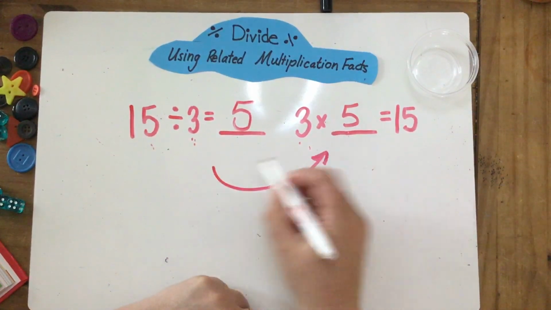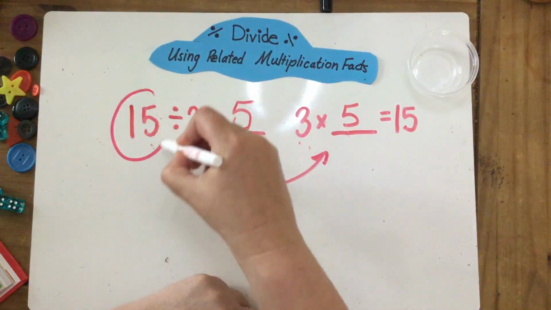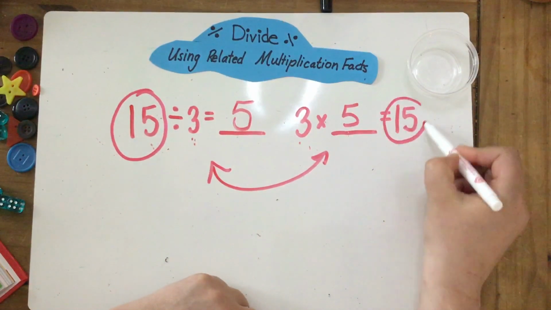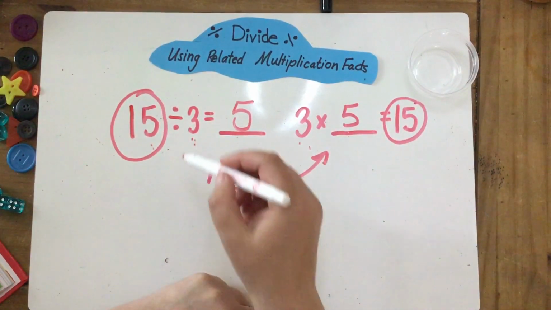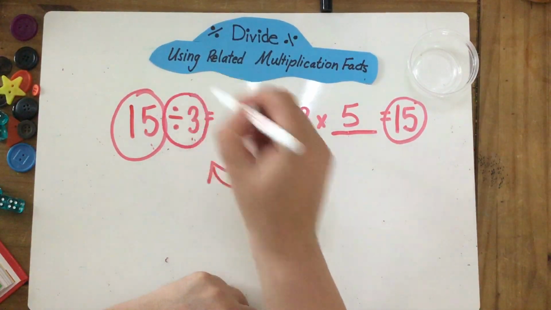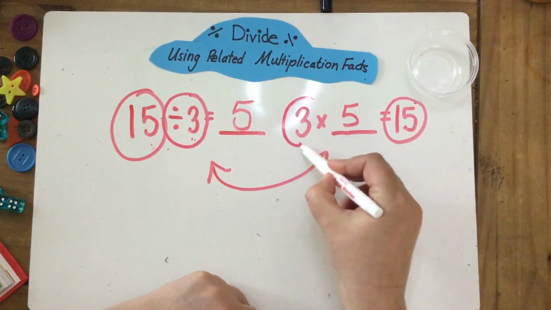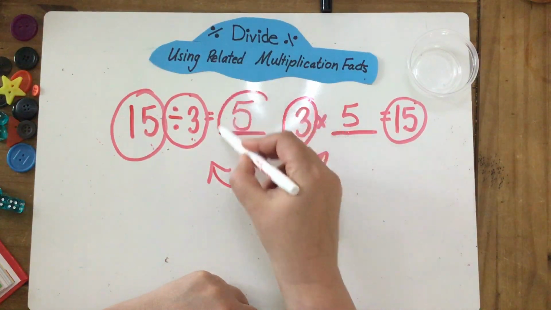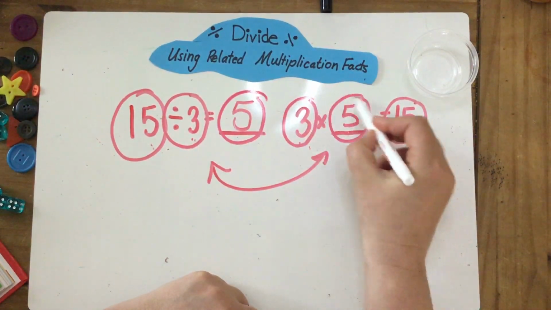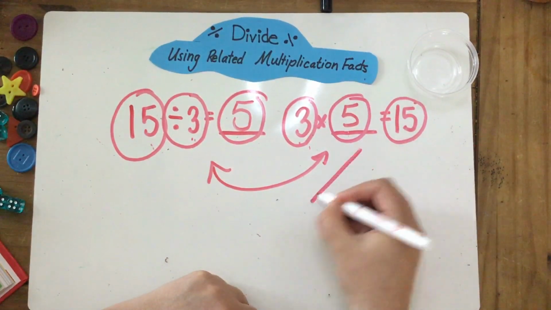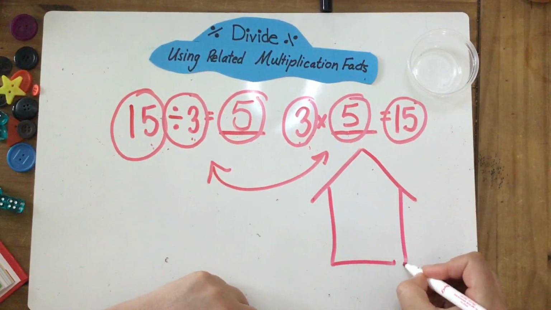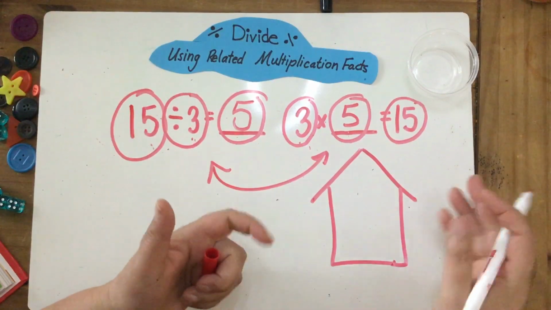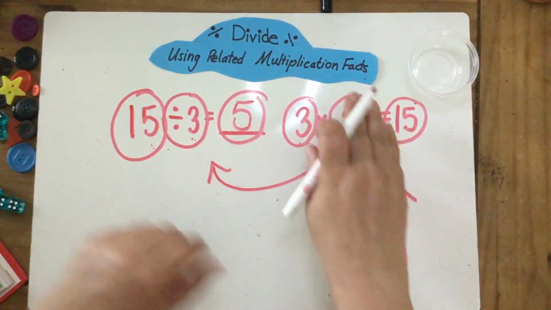These are related. In each case, our total amount was 15. We had 3, and we also had a 5. Some friends used to call these fact families. No matter where you put them, they're in the family and they go together.